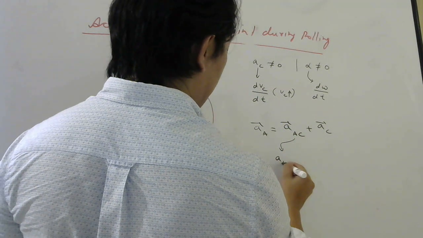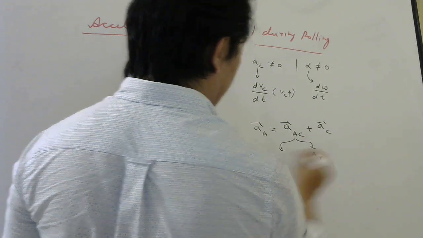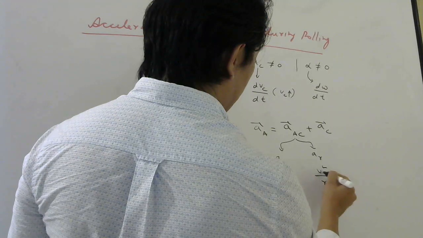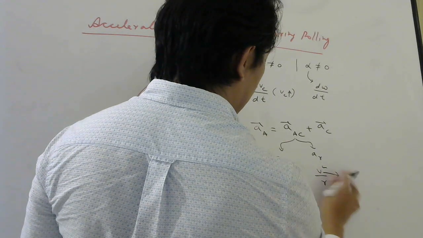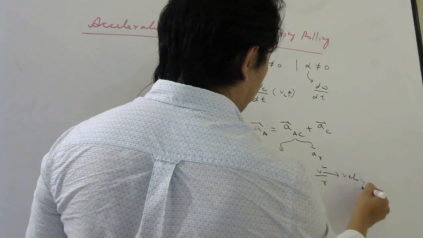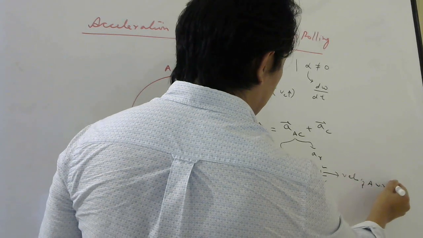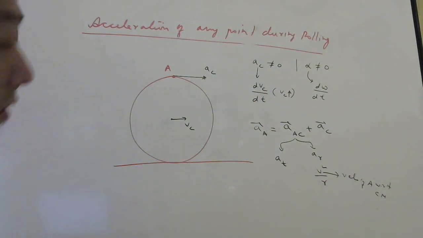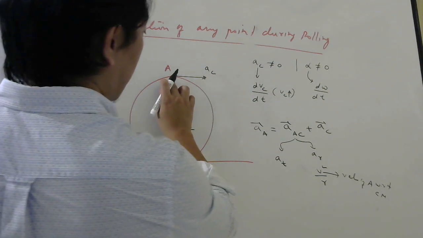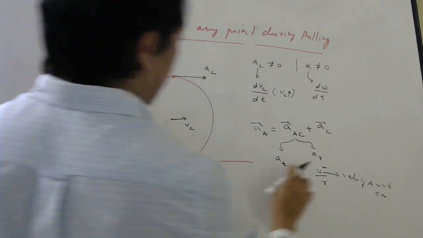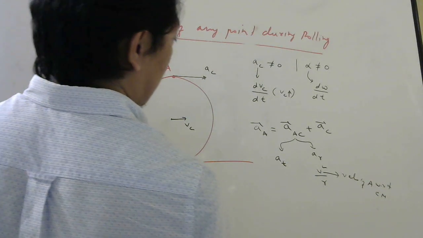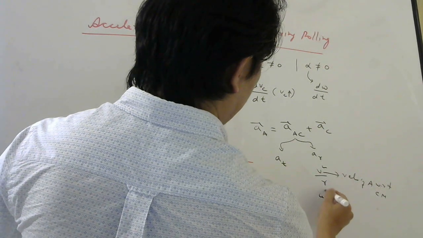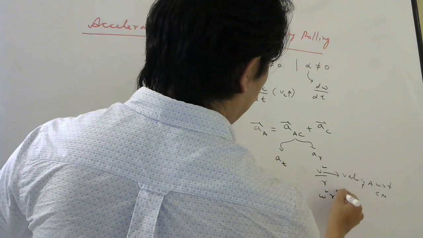Right? Now this will have two accelerations I told you. One is tangential and one is radial. Radial will be v squared by r, where v is the velocity of A with respect to center of mass, not the net velocity. Whatever velocity this point has with respect to center of mass, that v is omega into r.